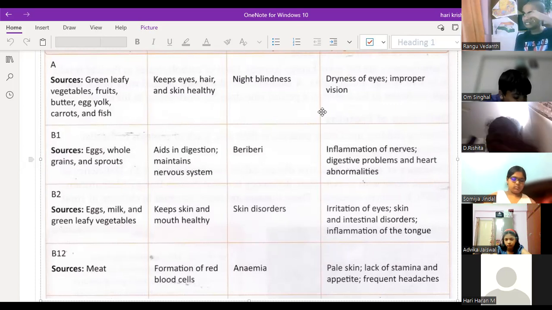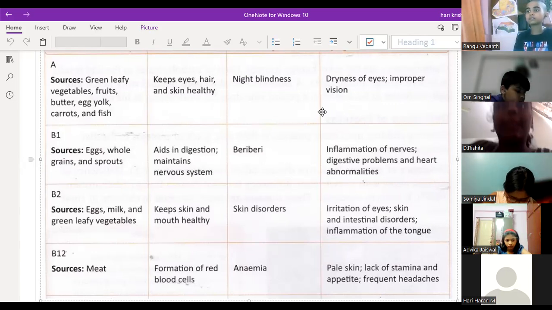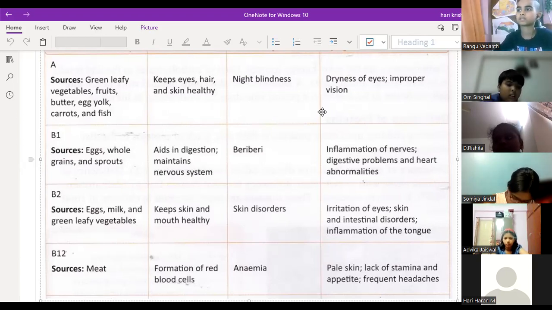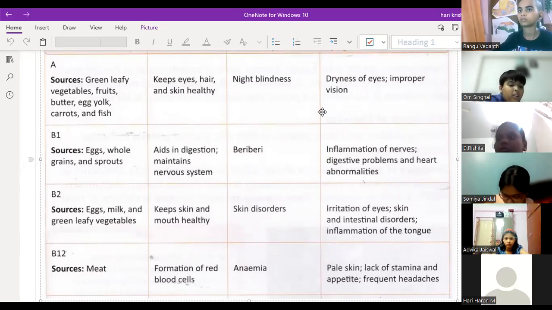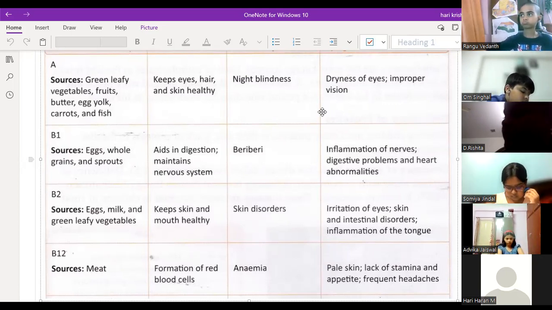Deficiency of RBC will cause the disease called anemia, or you can say deficiency of iron will cause anemia. The mineral is iron, and mostly we get it from meat.